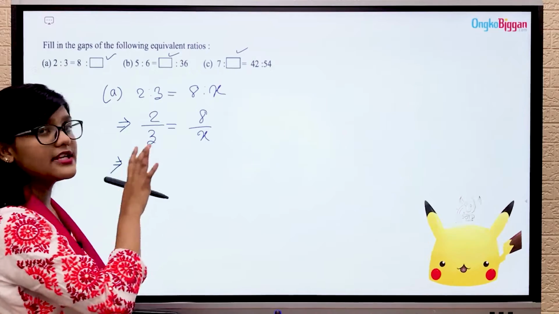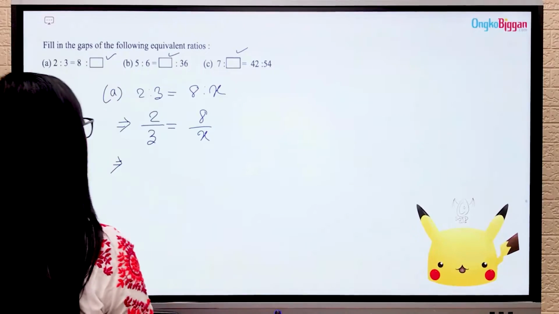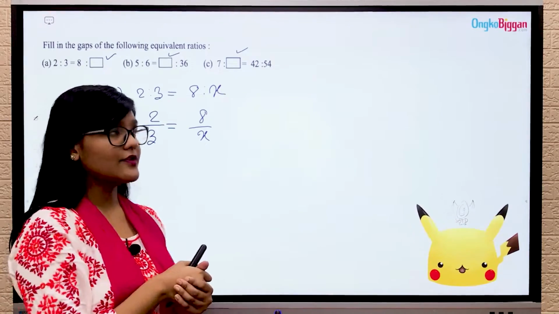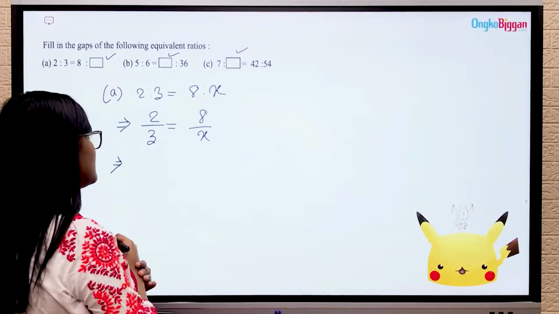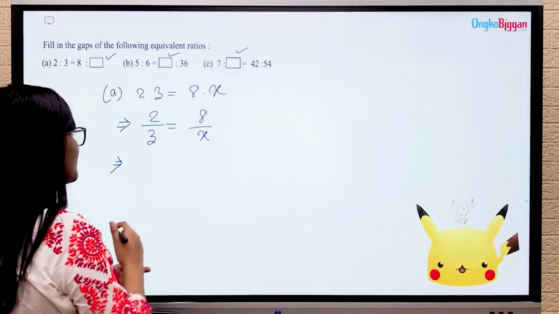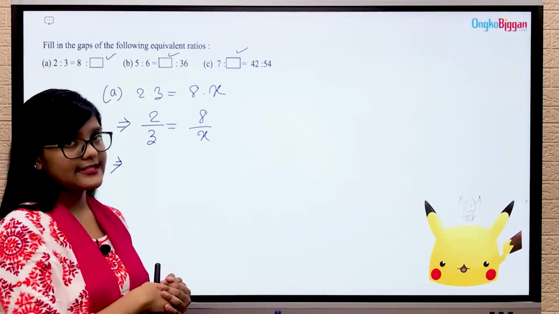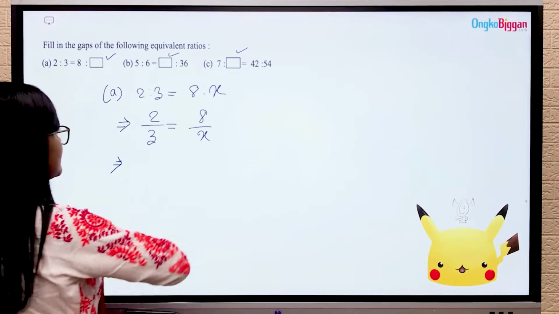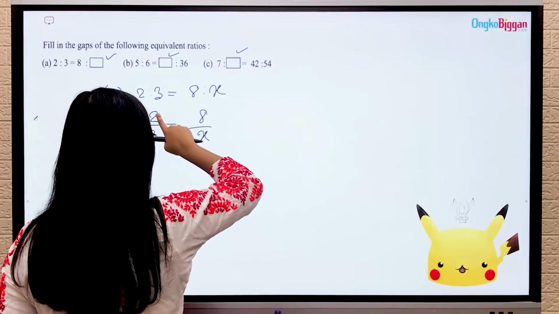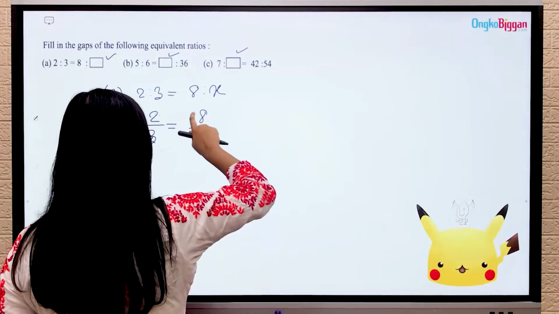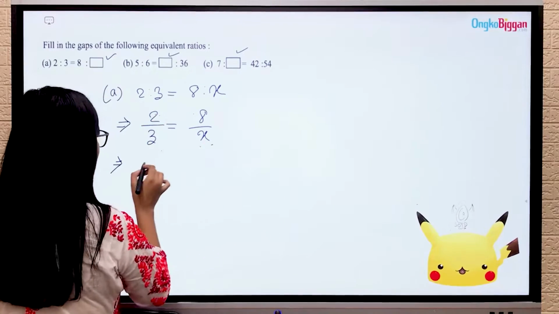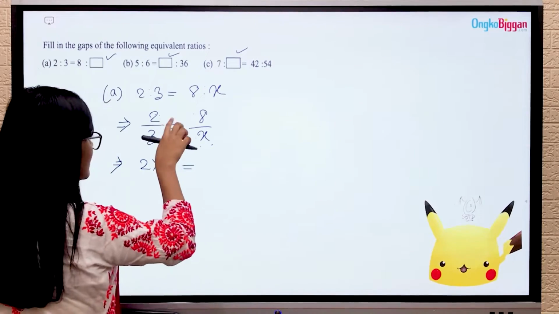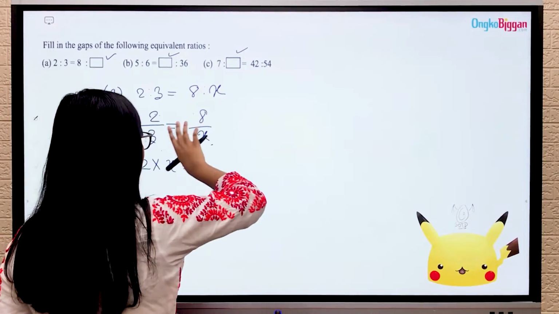It actually formed an equation. Let me help you understand a little bit about equations. For solving this type of equation, you just multiply crosswise. Like you can multiply this with this and this with this. Like 2 into x equal to, we keep the equal sign as it is, and 8 into 3.